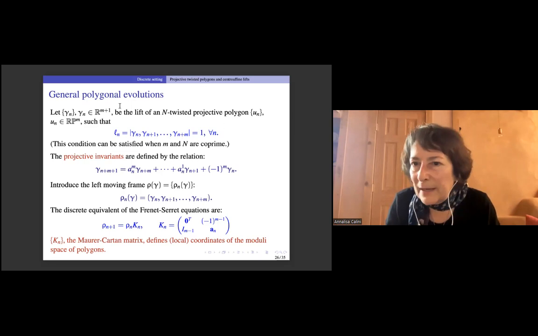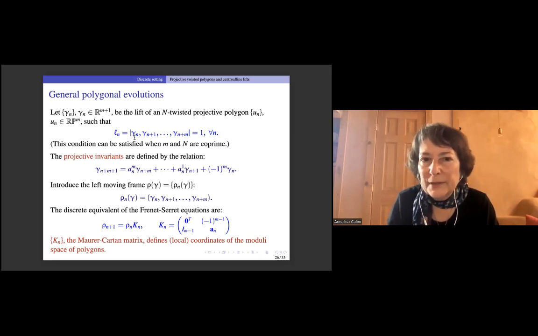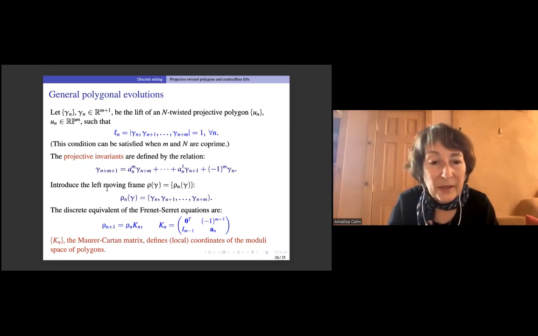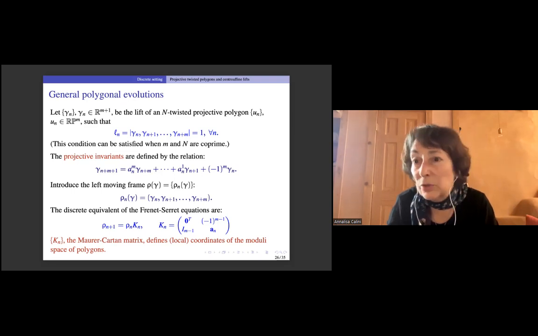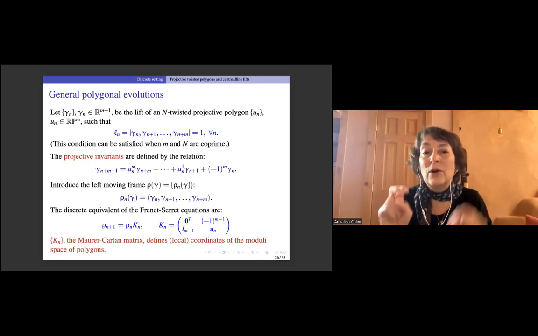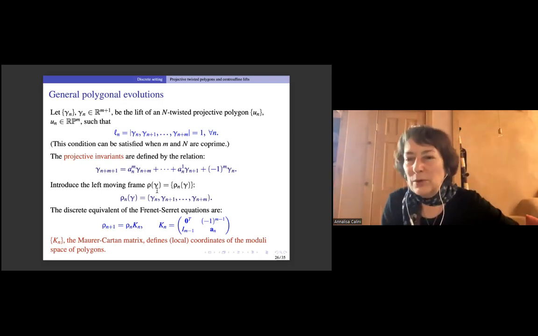Just like for Pinkall flow, if you shift the index by 1, and you use the fact that this Klein condition is preserved, you find that gamma sub n plus m plus 1 has to be a linear combination of the other vectors of your frame. And those are simply the geometric invariants.